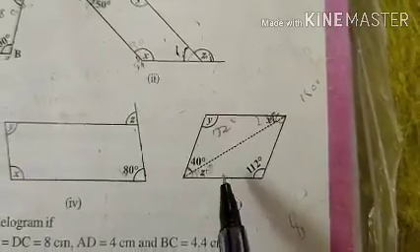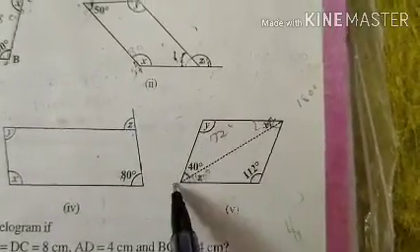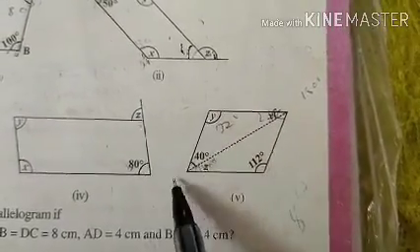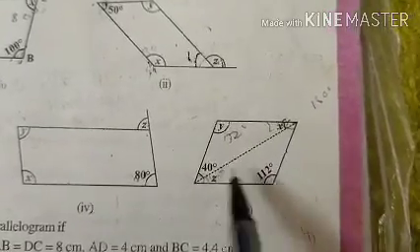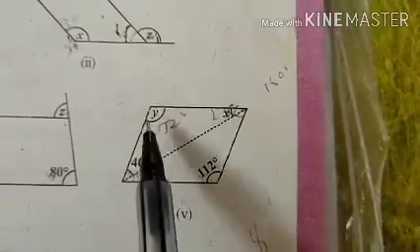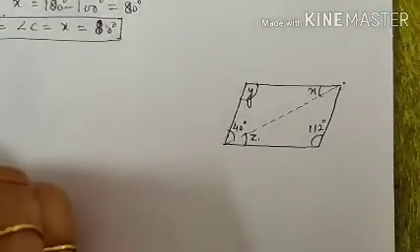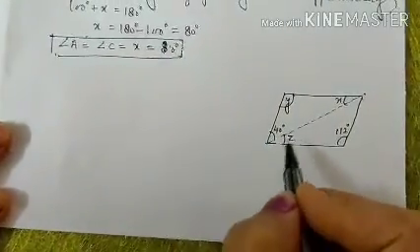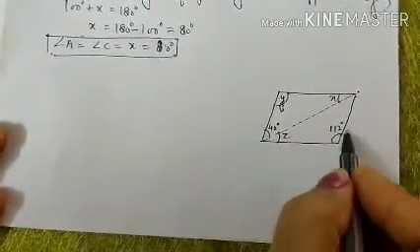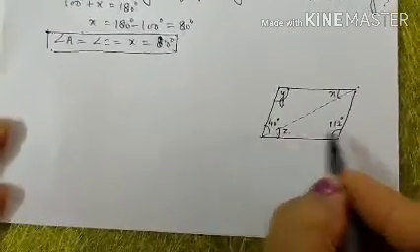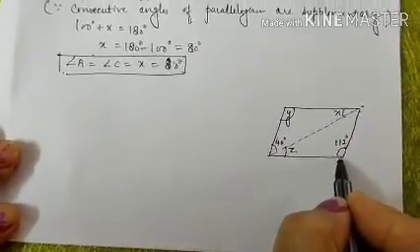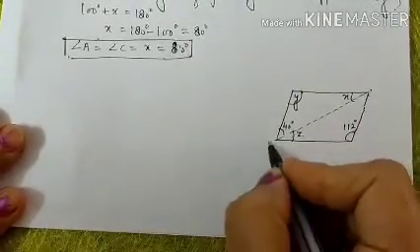Now question fifth part. Again this is a parallelogram. One diagonal is drawn and these two angles are given. You have to find x, y and z. Now since these two angles are adjacent angles, their sum is 180 degrees.